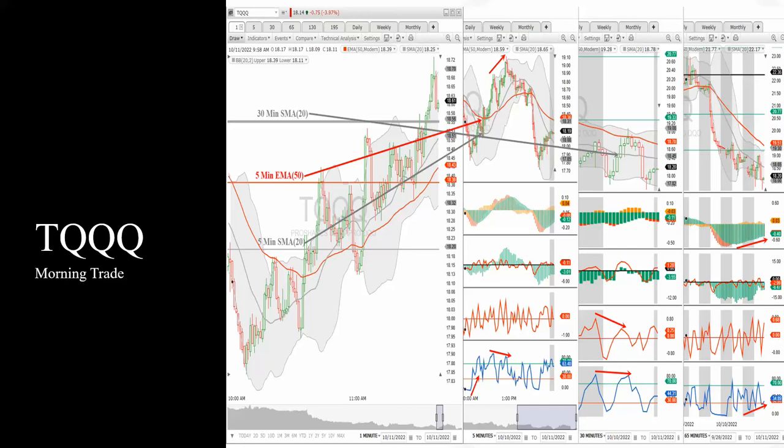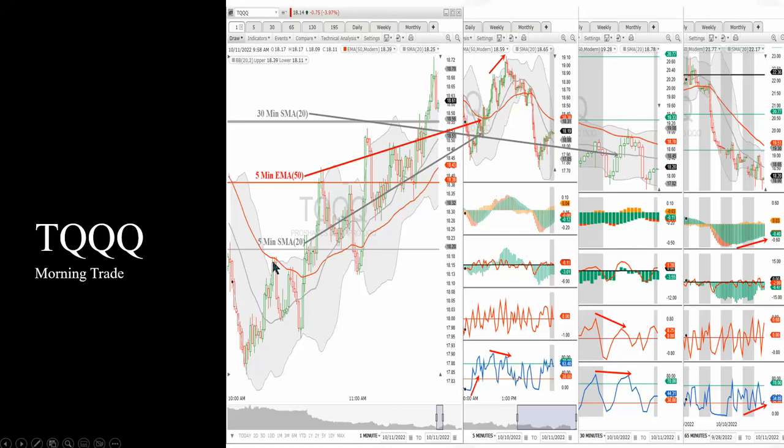You need to let it first bottom, come up to touch either its own 1 minute 20 period SMA right here, or its own 1 minute 50 EMA here, which it did. But you need to give it a chance to back test.